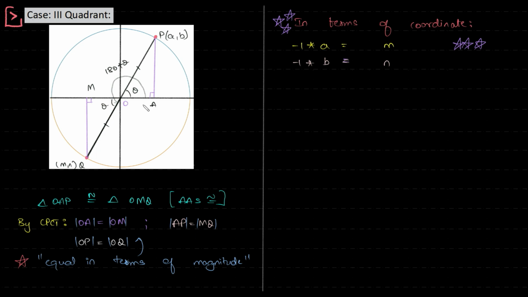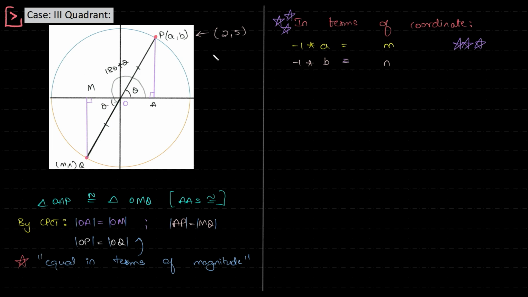N is bottom and B is up. In terms of coordinates, the relationship should be in this manner. I'll make it very clear with this example. If this is around 2, 5, this will be around -2, -5. Is that right? So clearly, what is the relationship? 2 becomes negative of 2, that is -1 into 2, and -5 is -1 into 5. Right? So that's what I have written over here. Okay? It's a very simple thing, but very important.